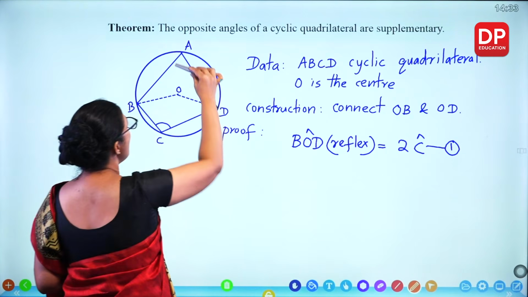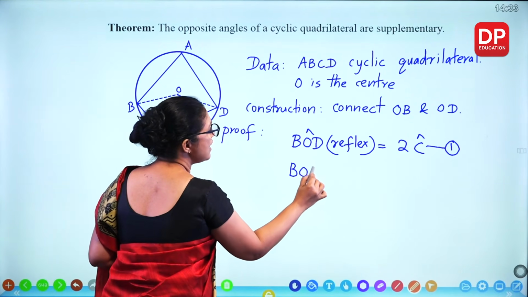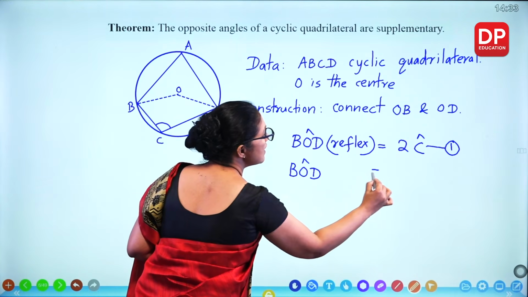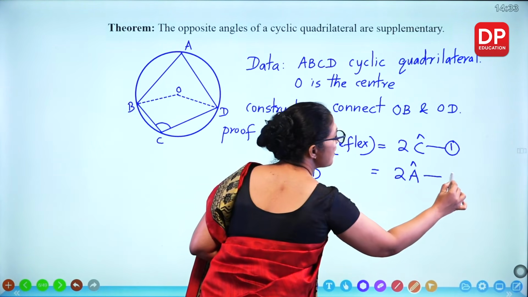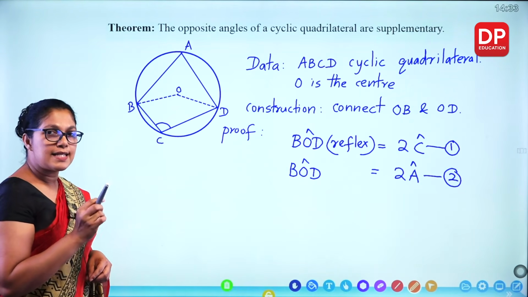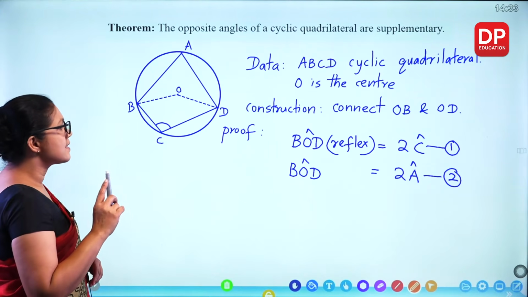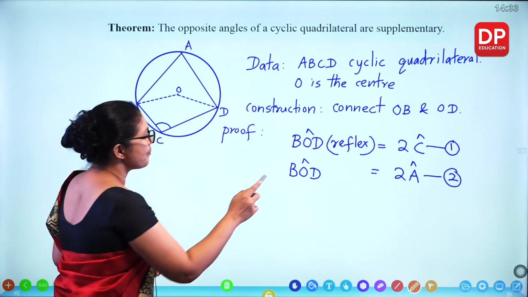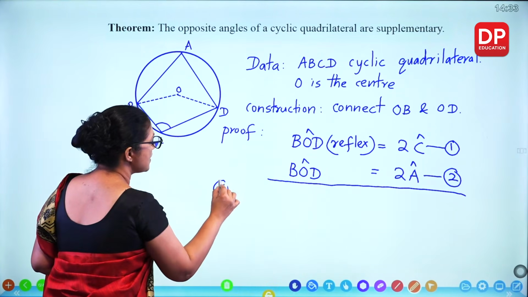Take A now. A and BOD angle. BOD angle is double of A according to the theorem. Angle subtended at the center is twice as the angle subtended on the circumference. So when you add these two, 1 and 2, what happens?